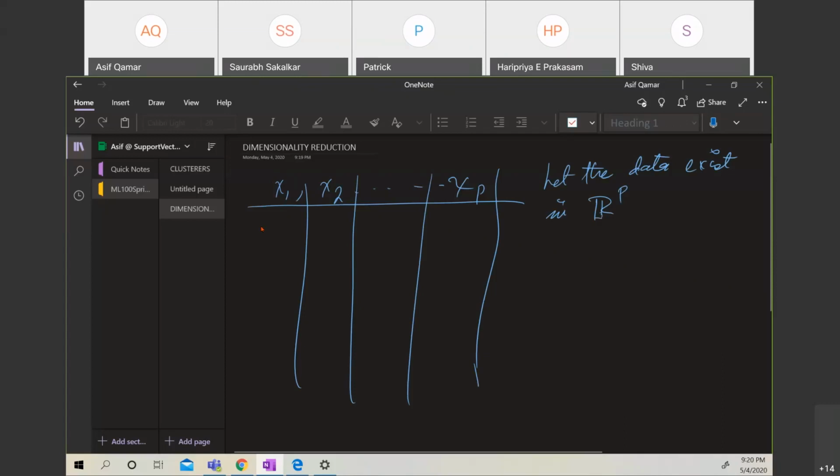A p-dimensional space. So these are your features of the data.